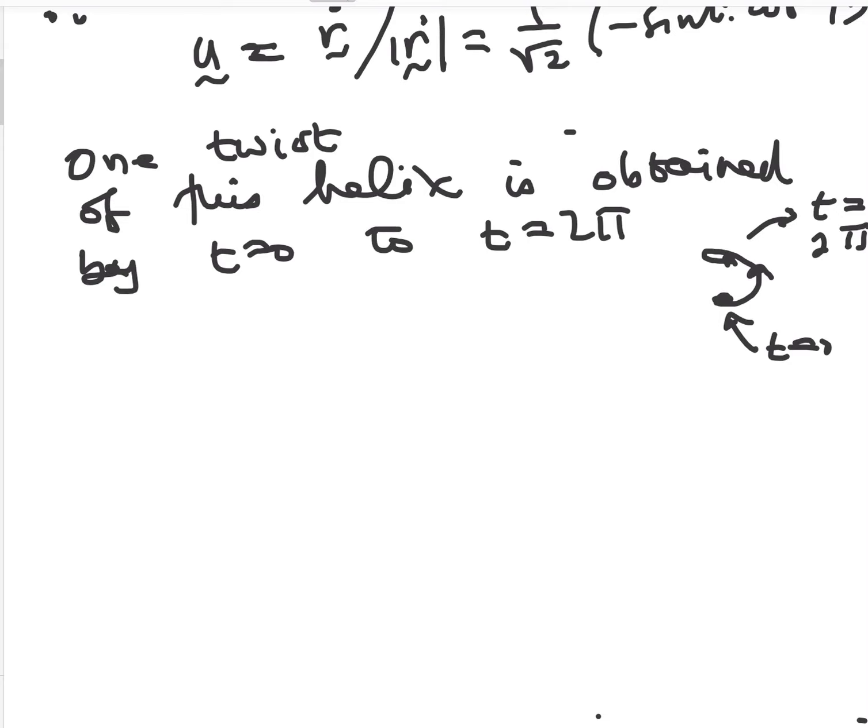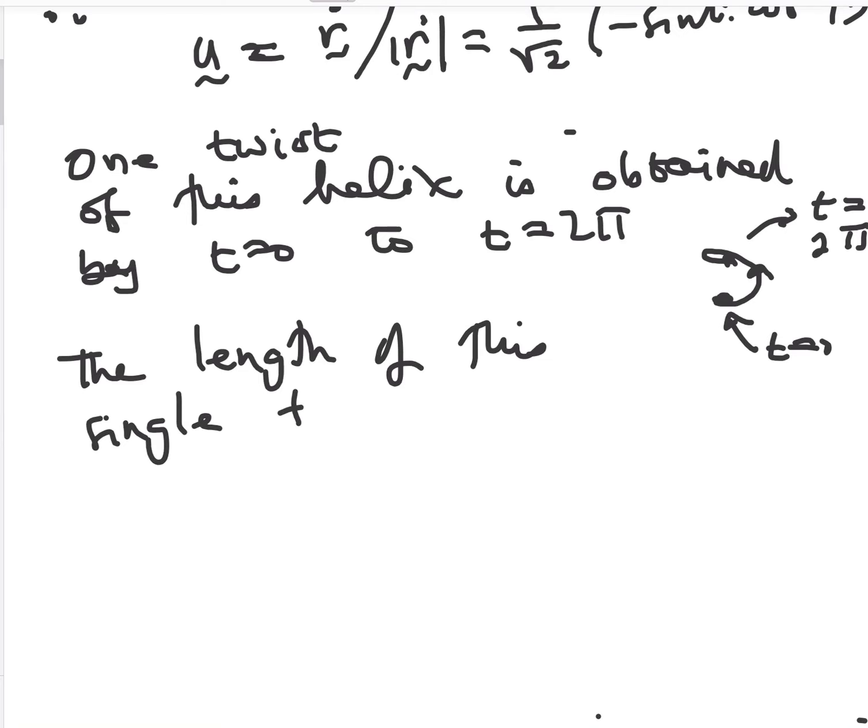That essentially is the arc length, and is given by the integral between t equal to 0 and t equal to 2 pi of mod of r dot dt.